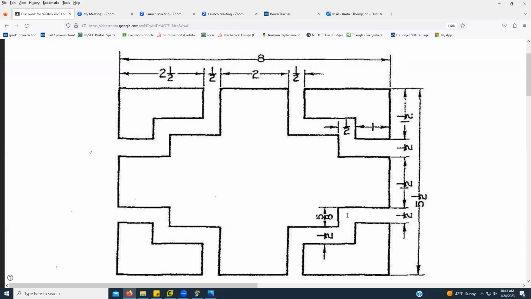So this 5/8 indicates that this has to be 5/8 as well, only because our space is a continuous 1/2 inch. So if we didn't make our space a continuous 1/2 inch, then that could vary, but we know that that space is continuous 1/2 inch. So therefore, this part has to be 5/8 as well.